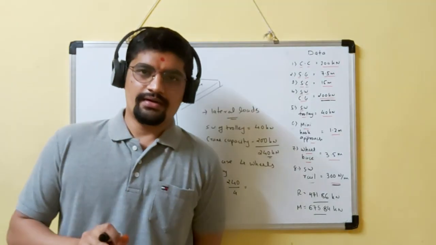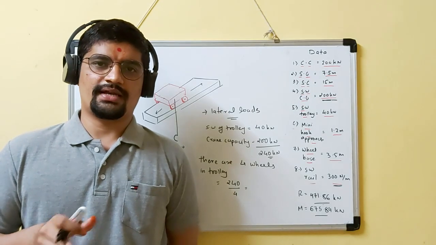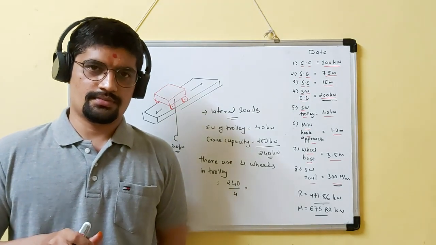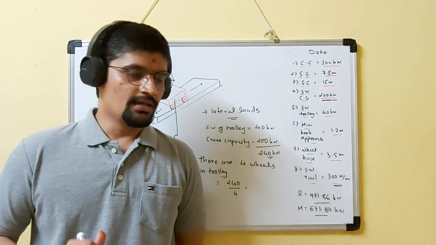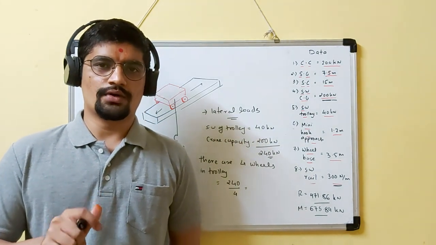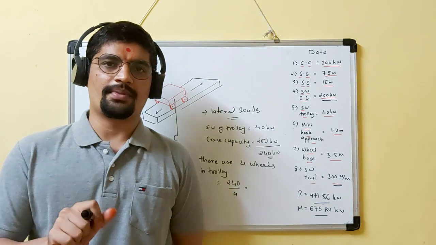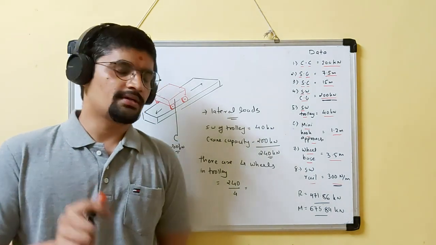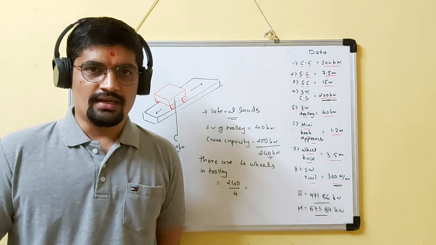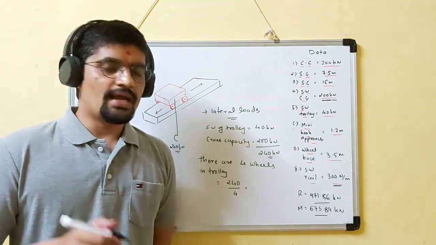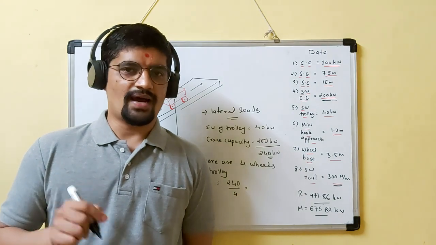Now, do we directly divide the load on the wheels, or are there some conditions that we studied in the first lecture, in the introduction of the gantry girder? The surge load for an electrically operated crane is 10% of the self weight of the trolley plus the crane capacity, and if we are using a hand operated crane, then it is 5%.